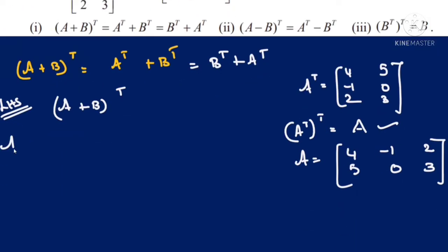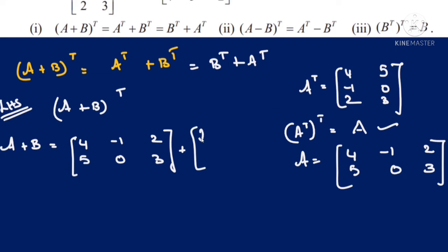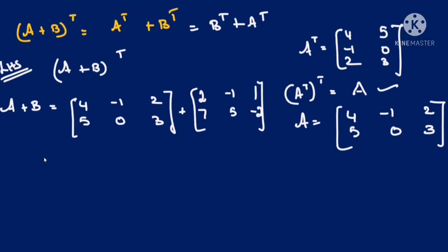Now we have to find A plus B. That means add [4, -1, 2; 5, 0, 3] plus matrix B, which is [2, -1, 1; 7, 5, -2]. Add these two matrices. What do you get? Corresponding elements: 4 plus 2, 6.